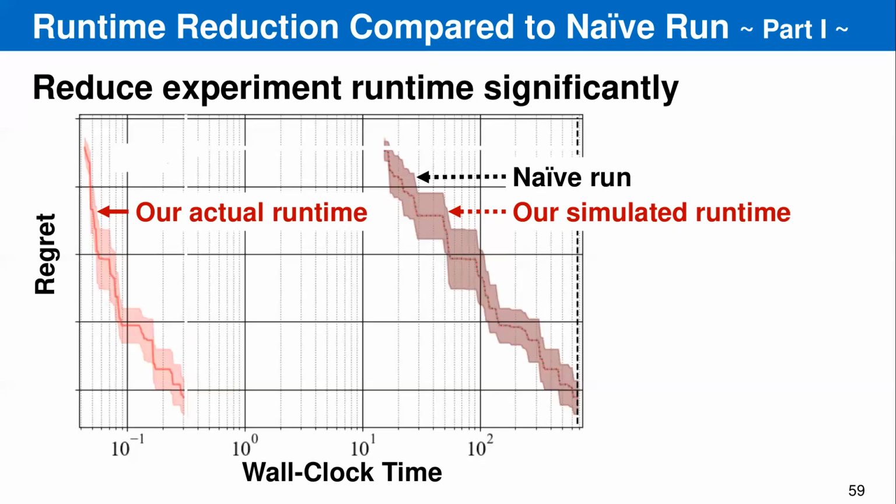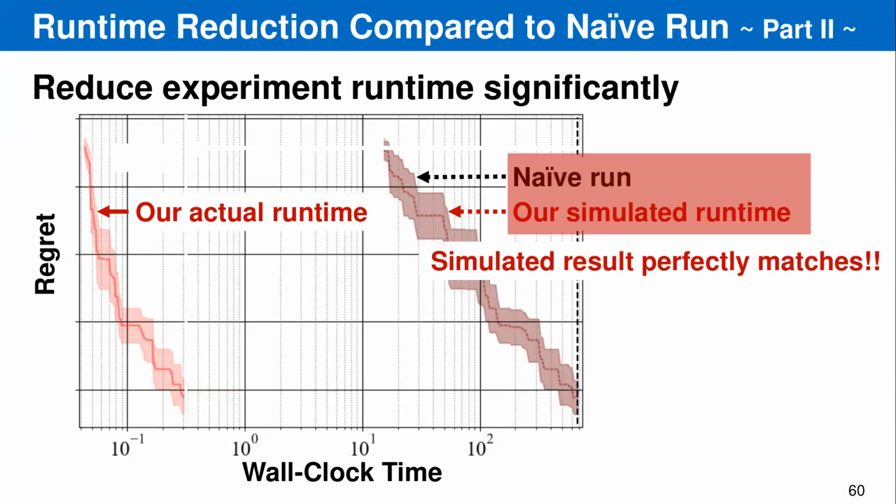Now I show the performance benchmark of our naive implementation and our wrapper. The x-axis is the wall clock time, and the y-axis is the performance, which is better when it's lower. The first point is the two lines at the right part of the figure. Although it's hard to see, these two lines completely coincide, and it means that our wrapper perfectly reproduces the same result as the naive implementation.